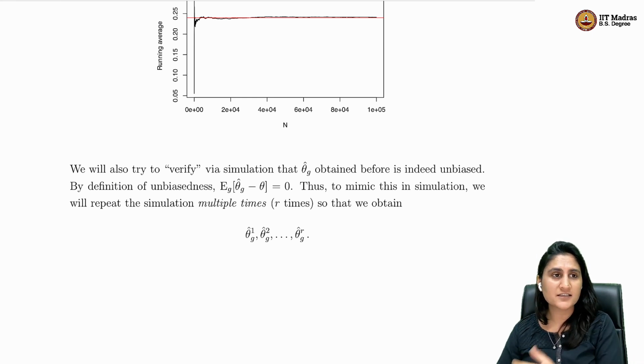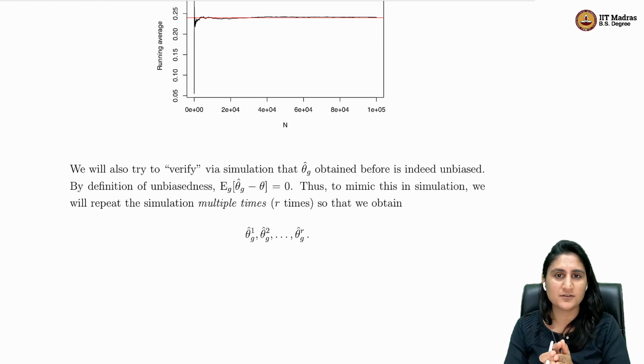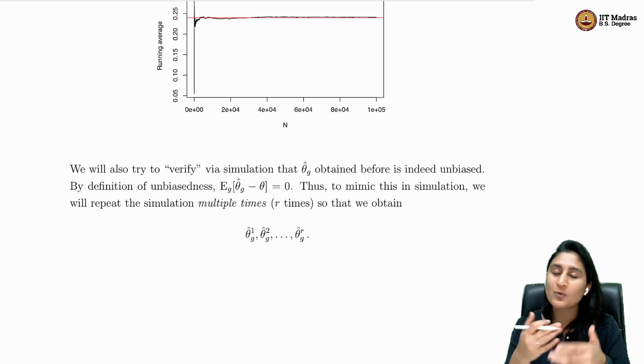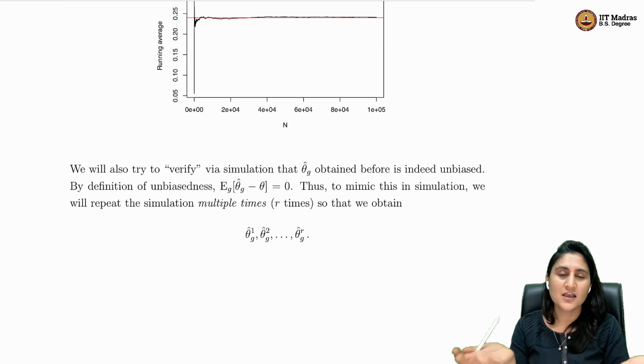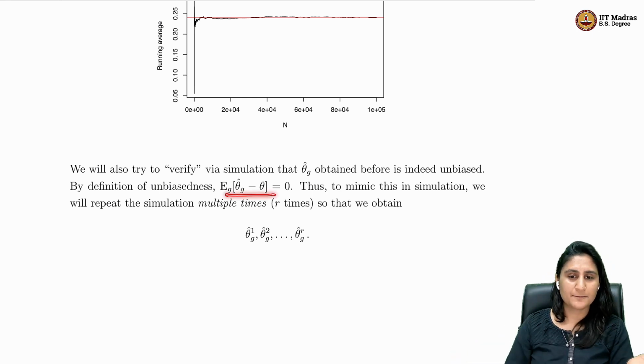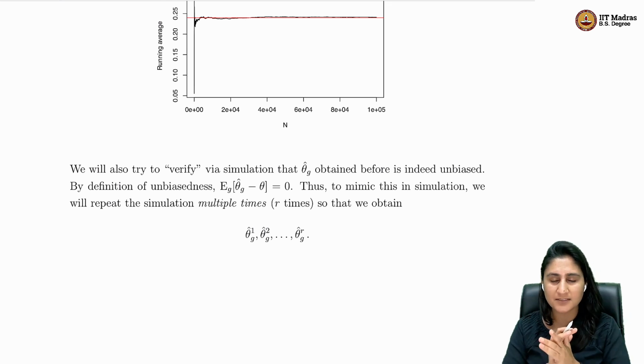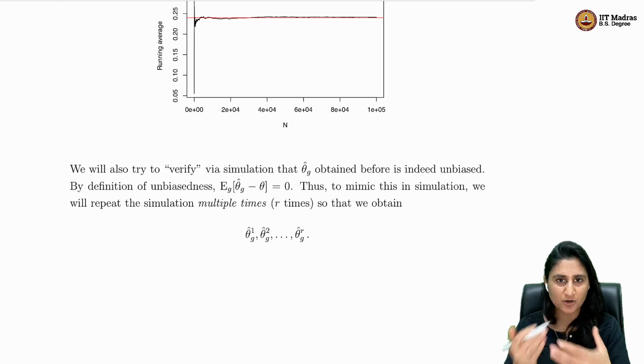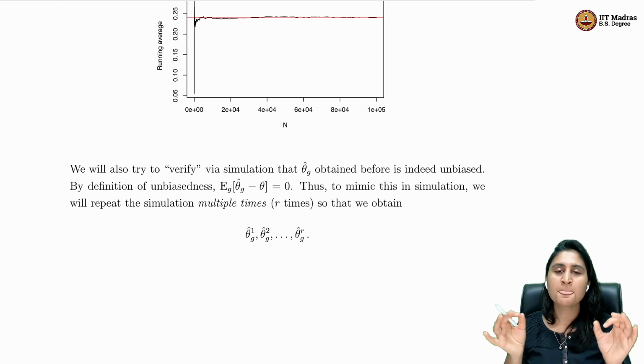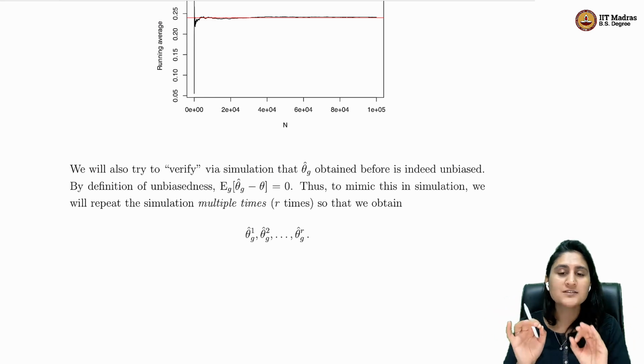It does not necessarily say anything about our current sample as much as it says about what kind of patterns theta hat g will look like. So just to demonstrate the concept of unbiasedness, this is not done in practice in importance sampling. I will reiterate that.